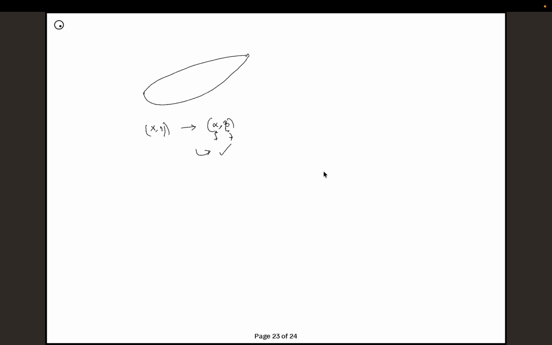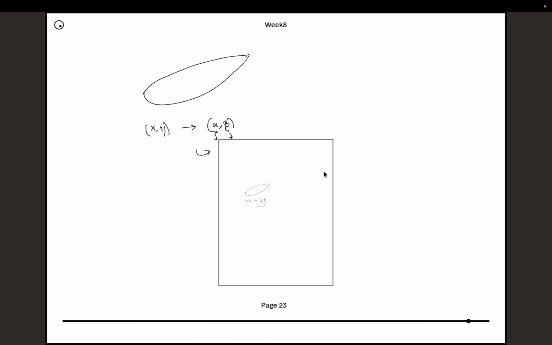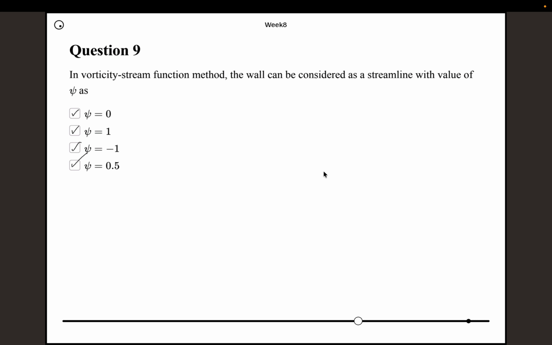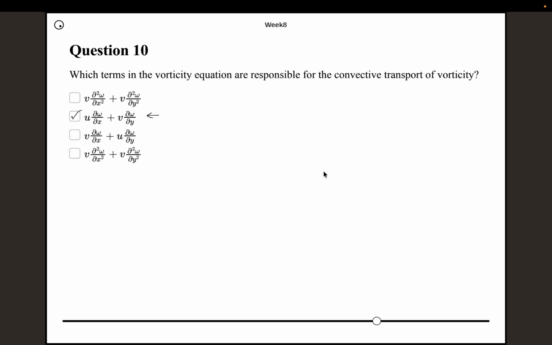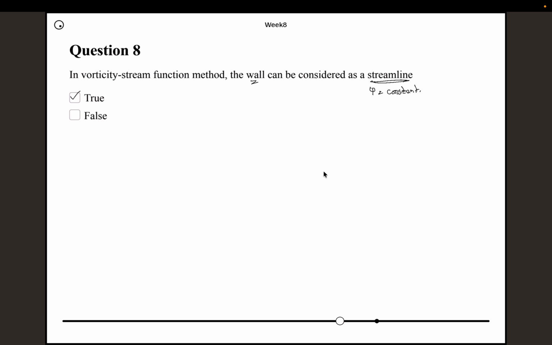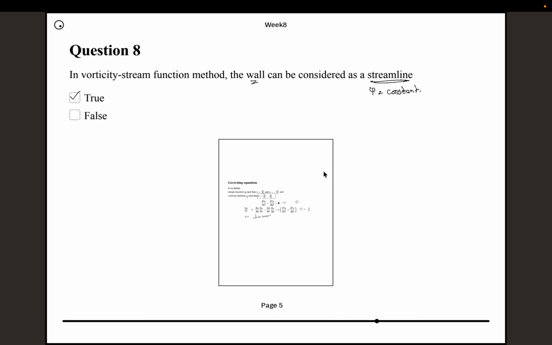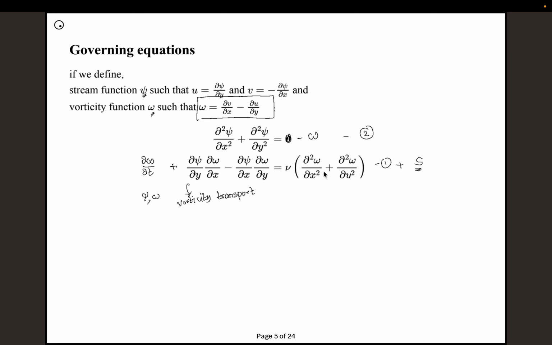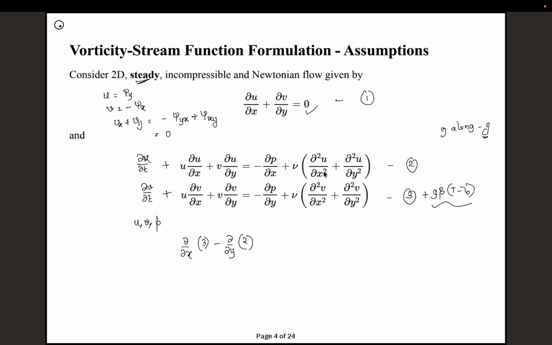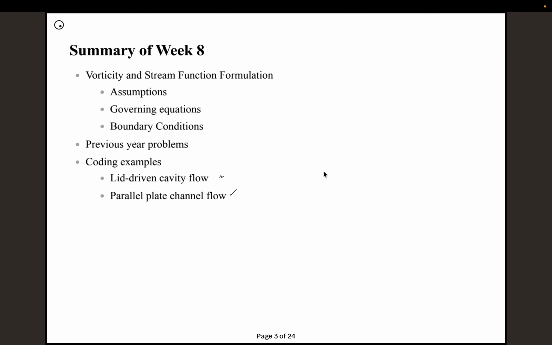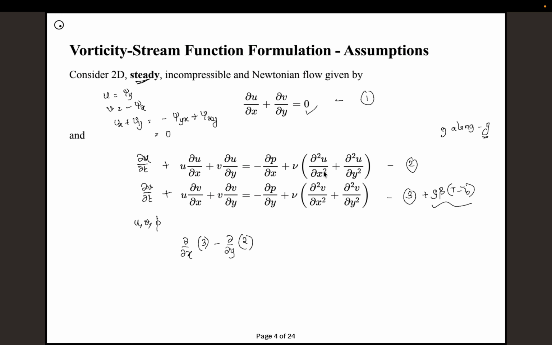So to summarize, we started with vorticity stream function formulation. I didn't derive that though, but the equations are straightforward. The major assumptions are it has to be a 2D flow. Steady, essentially because from an implementation point of view, if it is unsteady, then knowing the initial condition value is quite tricky.